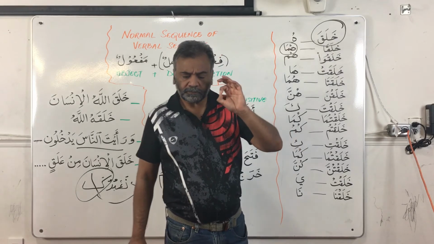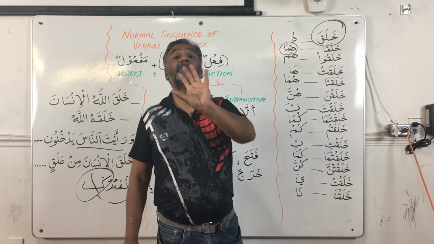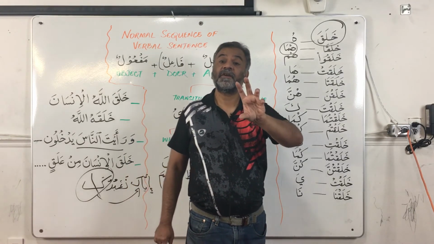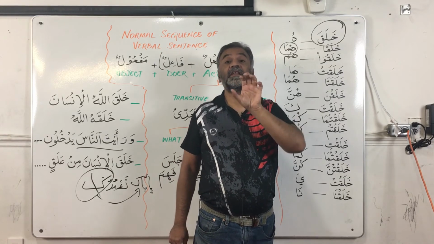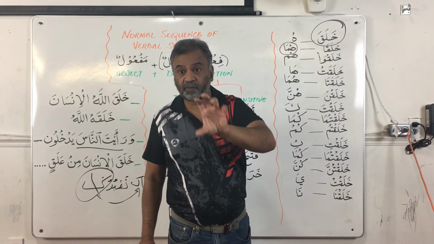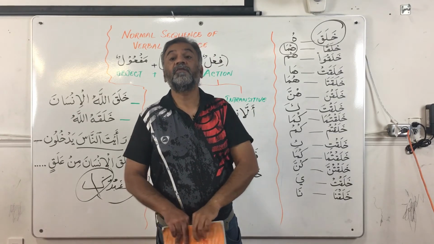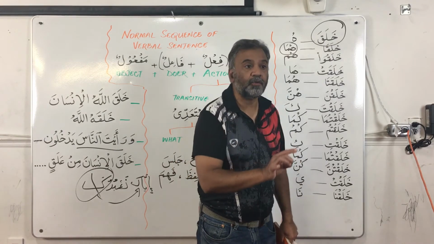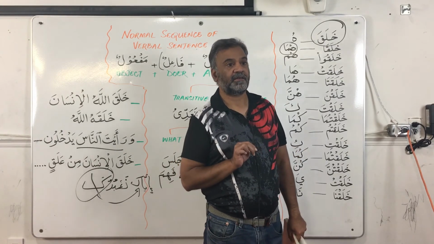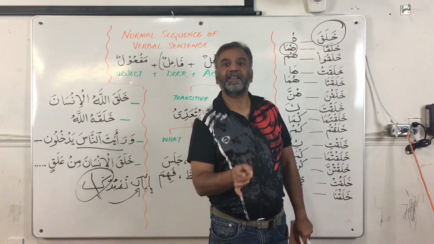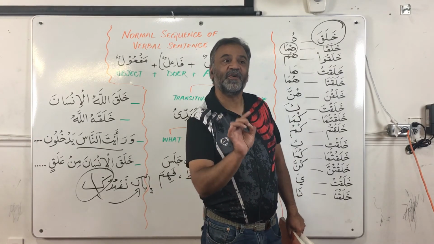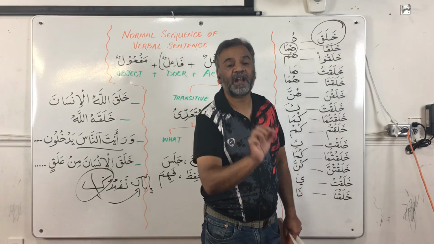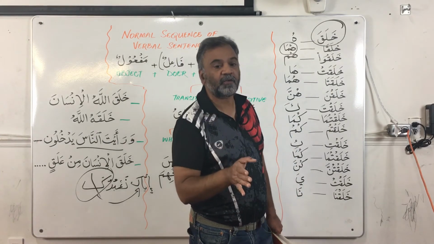Now remember, even if the sentence is beginning with the verb, which is a jumla fi'liya, and the fail is present, which is plural, we would still use the singular, because if I say kharajut tullabu, then I'm talking about two fails here. In kharaju, waw is the fail and then at-tullabu is the fail. So grammatically we only want one fail, right? So that's why we use kharaja. This is a concept we will learn, but this is a very good question.